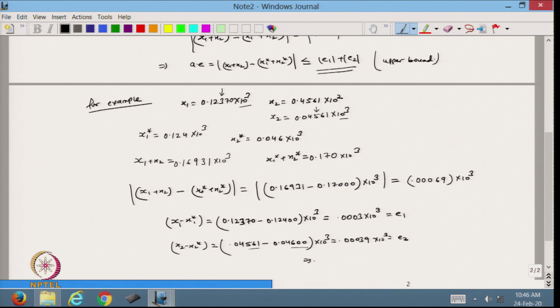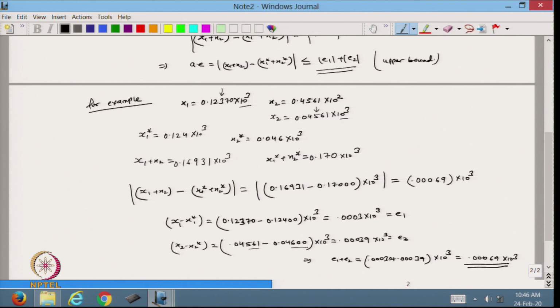So from here I can say what is my E1 plus E2. So E1 is 0.0003 plus 0.00039 into 10 raised to power 3. So it is 0.00069 into 10 raised to power 3.